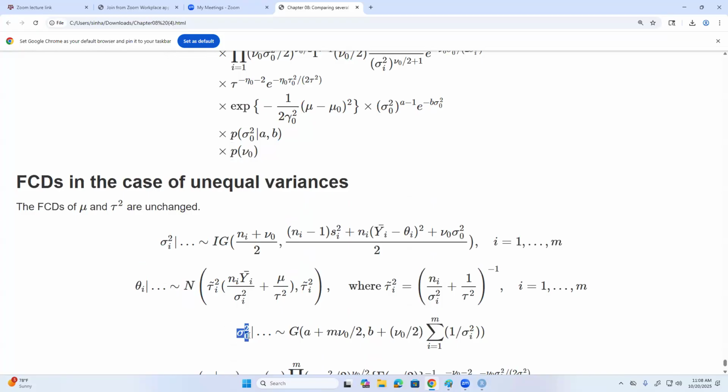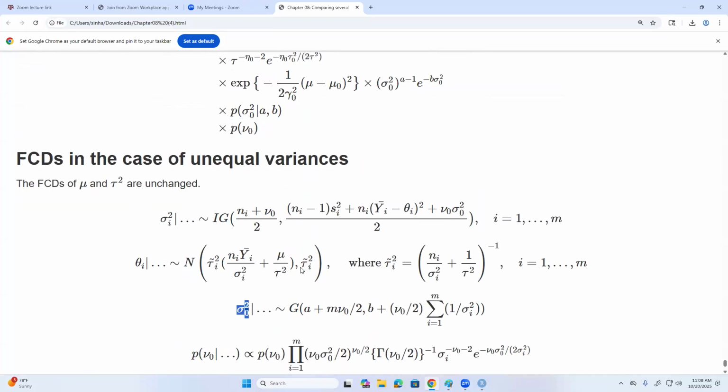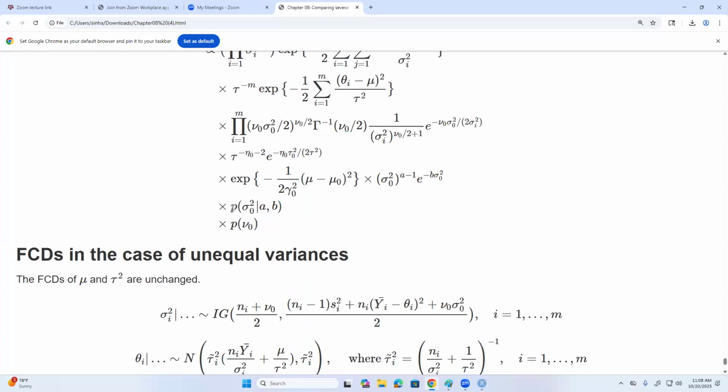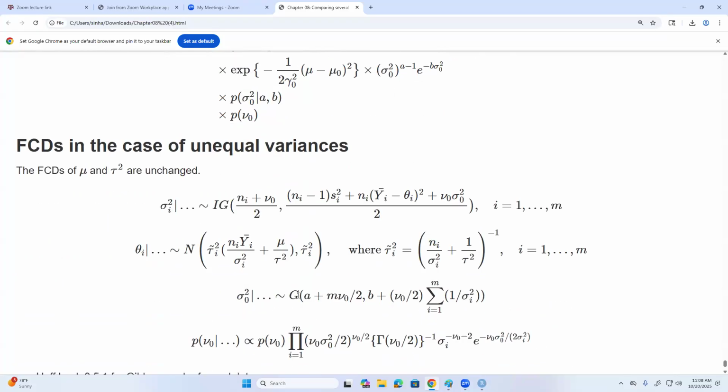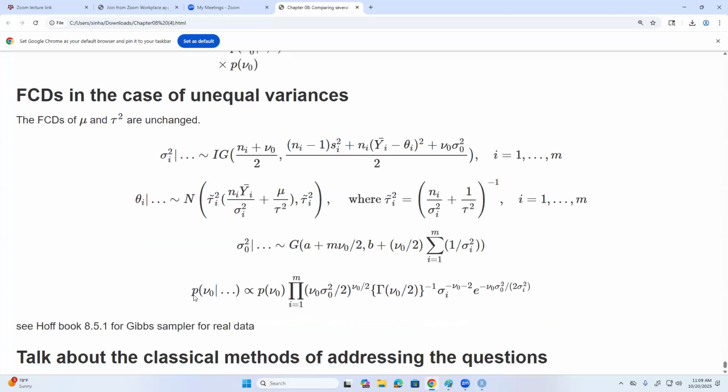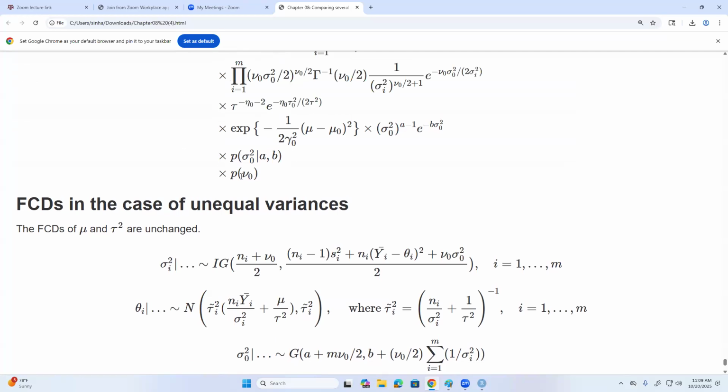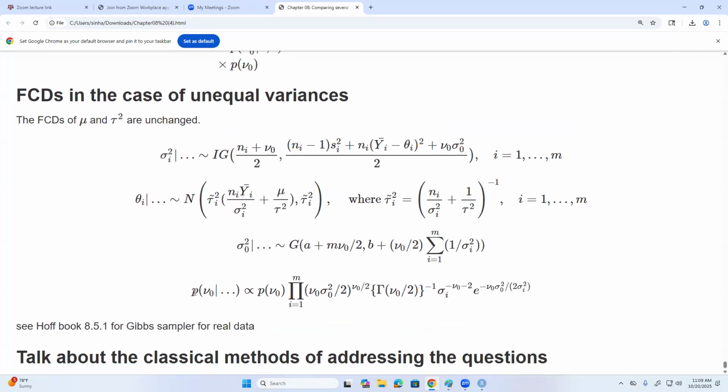For sigma 0 square, it is a gamma distribution, because we put a gamma prior on sigma 0 square. But for nu 0, it is not coming in a very simple form.